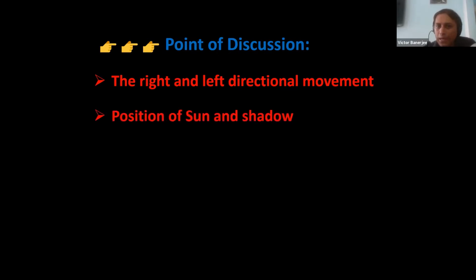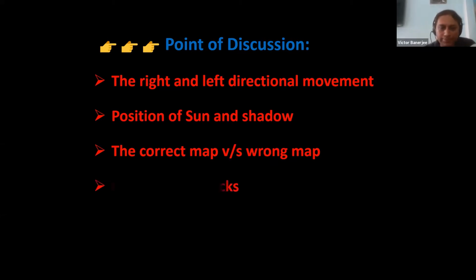Then the position of the sun and the shadow, just like the previous question I just discussed. Then the correct map versus wrong map. Map as in, if the compass is deformed, then the actual north and the north that the compass shows would be different. So those kinds of questions.